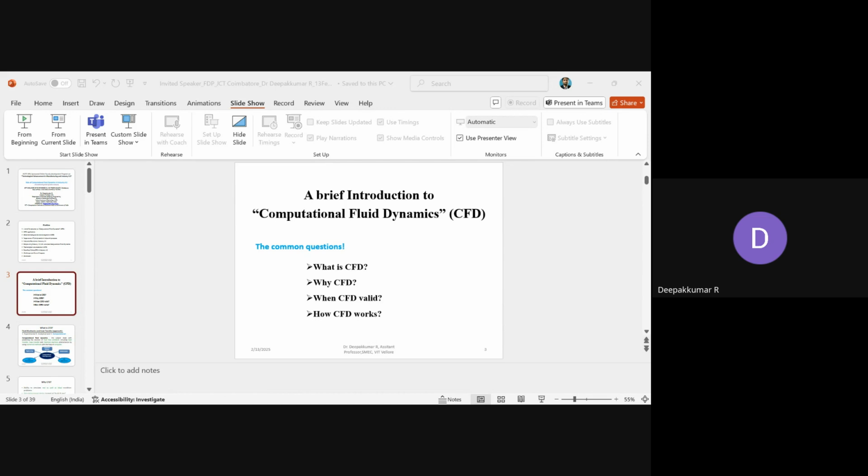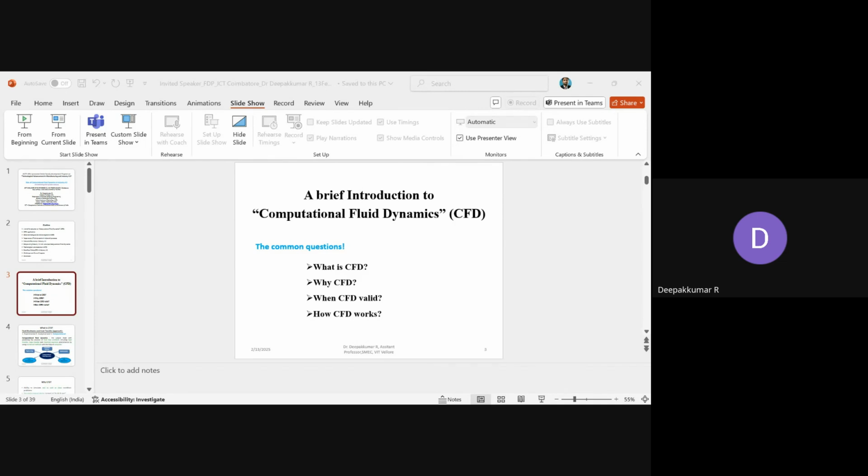Once you do the experiment, people will believe. And how can you ensure your CFD results are correct? With the help of experimental validation, you can ensure your CFD results are correct.